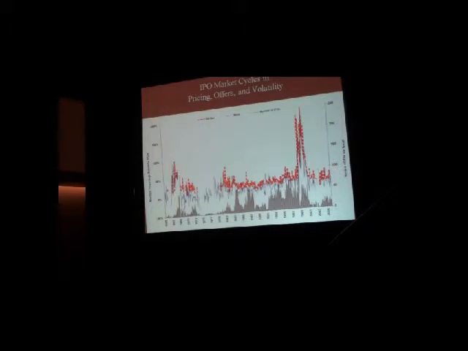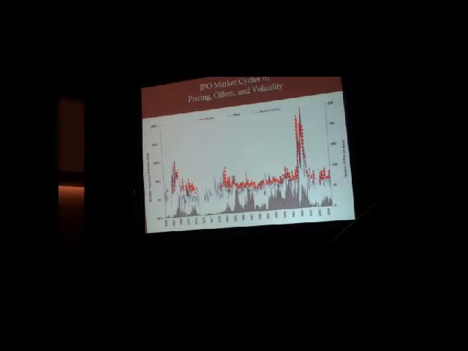And he's produced graphs that look a lot like this one, showing the bars along the bottom being the number of IPOs and the solid blue line above that being the average underpricing across all deals within a particular calendar month. Okay?